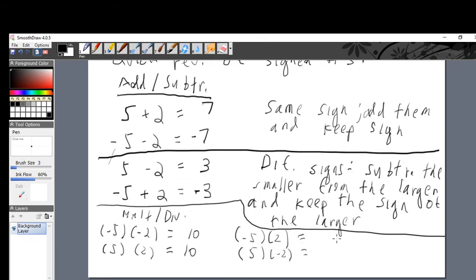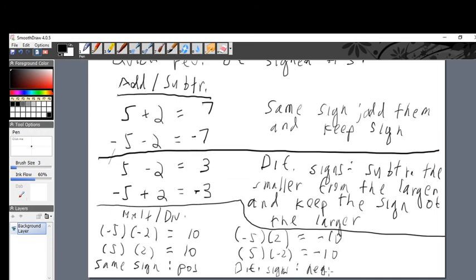In that case, 5 times 2 is 10, but the answer is negative. So if they've got the same sign and it's multiplication, then the answer is positive. If they've got different signs, then the answer is negative.